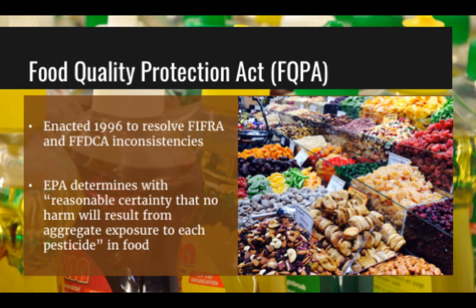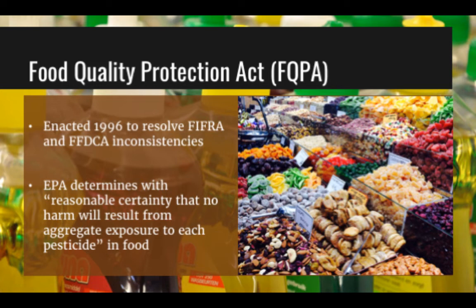The Food Quality Protection Act, FQPA, was enacted in 1996 to resolve inconsistencies between the Federal Insecticide, Fungicide, and Rodenticide Act, FIFRA, and the Federal Food, Drug, and Cosmetic Act, FFDCA.